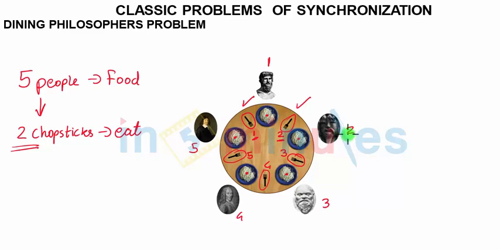At the same time, 2 will also use its own chopstick and also use the third's chopstick for eating. Nevertheless, the third one is also going to do the same. That means it is going to take its own chopstick along with the fourth chopstick, and this will go on in a clockwise manner.